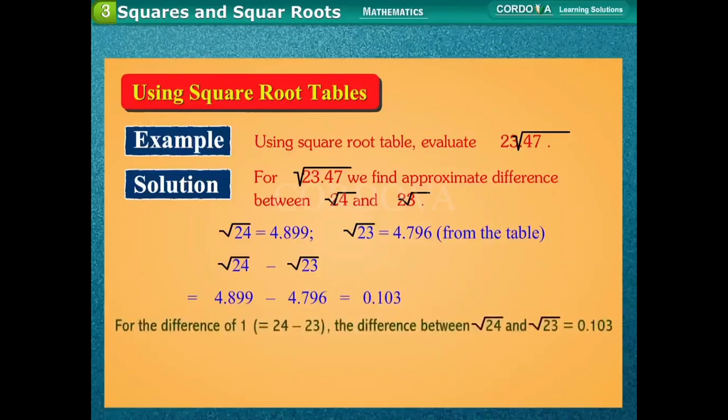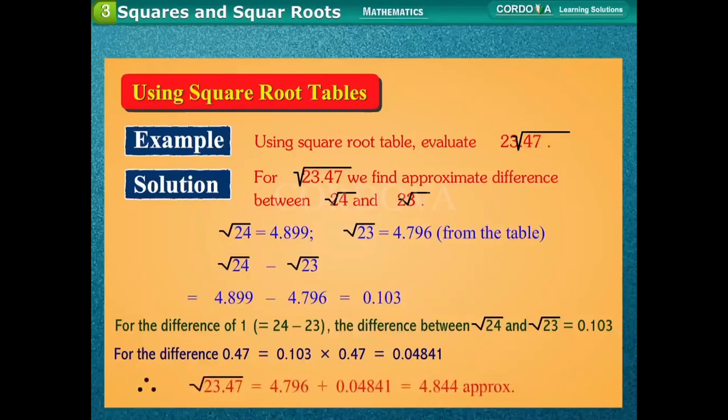For the difference of 1, which is equal to 24 minus 23, the difference between square root of 24 and square root of 23 is equal to 0.103. For the difference 0.47, it is equal to 0.103 into 0.47.